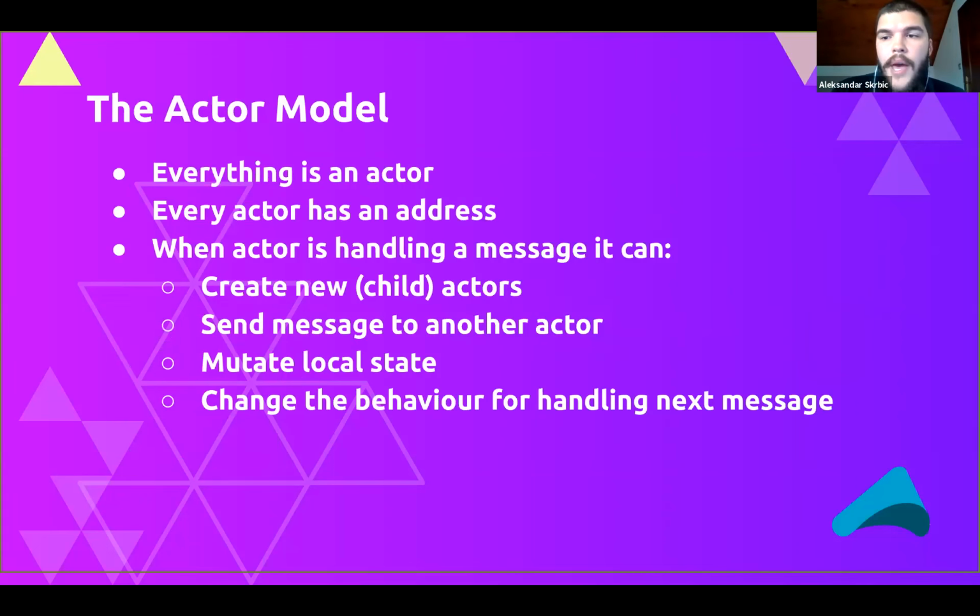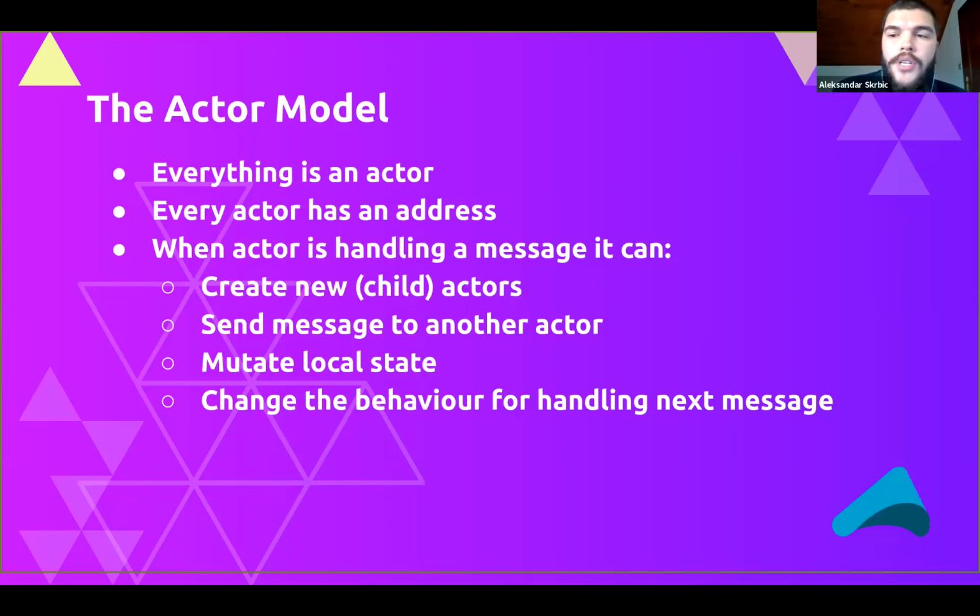To sum up the actor model. Similarly to the object-oriented programming model, in the actor model, basically everything, or nearly everything, should be an actor. As I already said, actors communicate with each other by sending asynchronous messages.